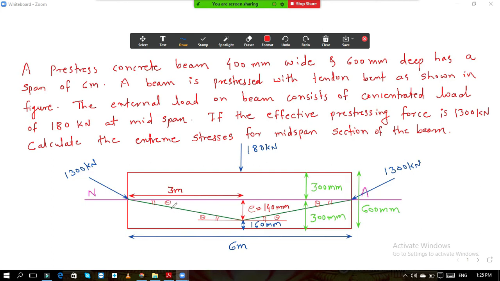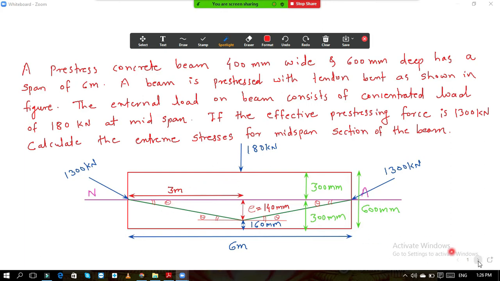For sine theta, the formula is opposite side over hypotenuse. If you consider this triangle, this angle is 90 degrees, so the green side is your hypotenuse. Theta is equal to opposite side, that is your eccentricity 140, divided by hypotenuse, which is right now not known to us. But we know the adjacent side and the opposite side, so we will calculate the value of tan theta. And as our theta is very small, tan theta is nearly equal to sine theta.